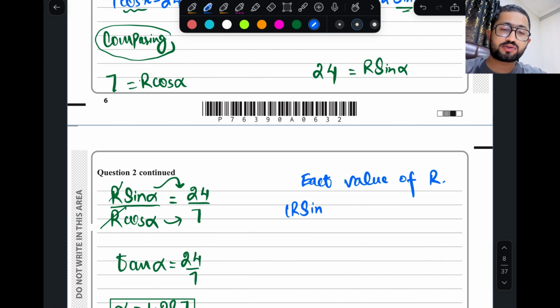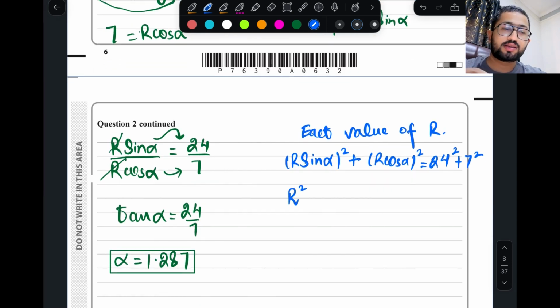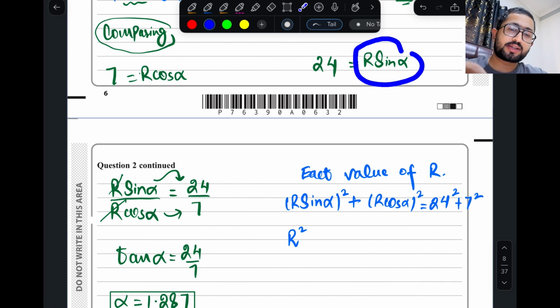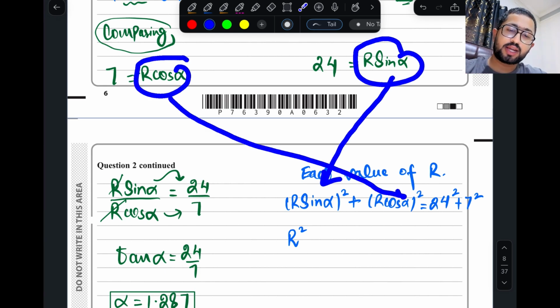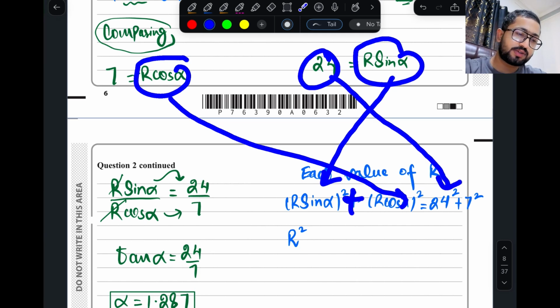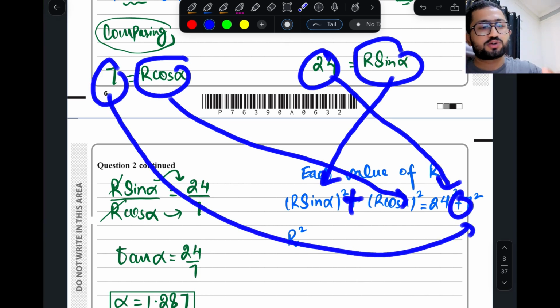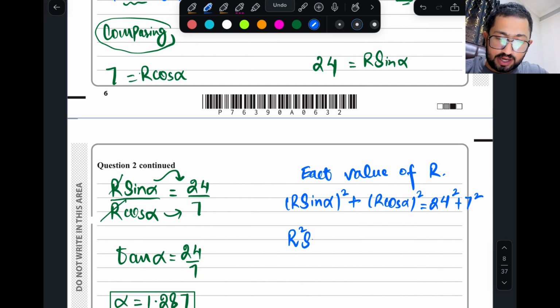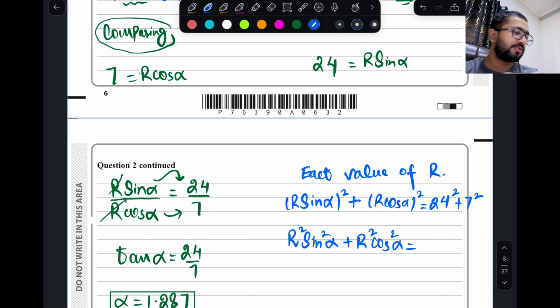Take the square of the right hand side terms and add them, and take the square of the left hand side terms and add them. Always remember, square the right hand side terms and add, square the left hand side terms and add, to find the value of R. So this is R squared sin squared alpha plus R squared cos squared alpha equal to 24 squared plus 7 squared, which is 625.